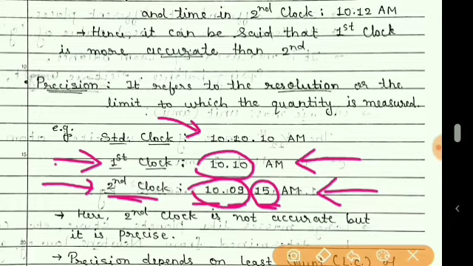So definitely now you came to know about what is resolution. Resolution means up to which limit the given instrument measures the value. If it can measure the smaller values also, then it is more precise.